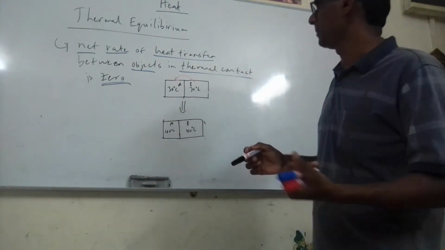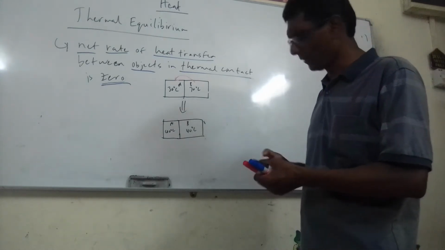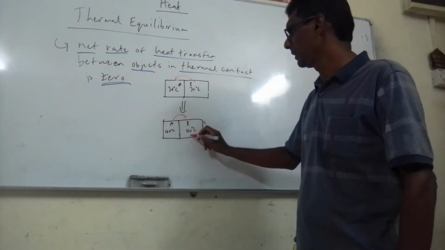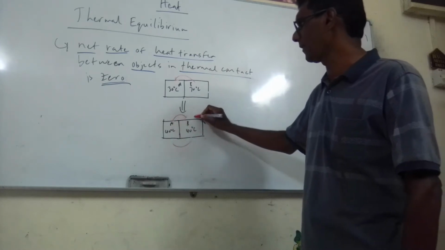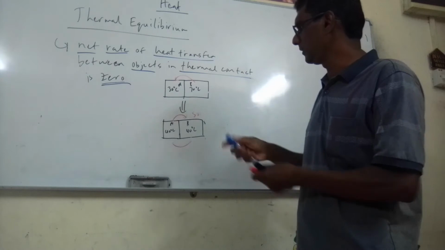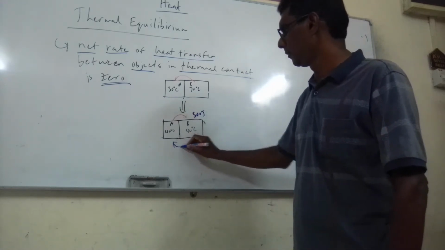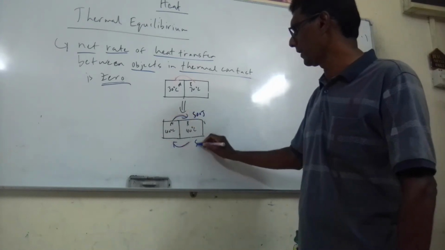For example, when both objects are at the same temperature, the heat will be transferred A to B, let's say 500 joule, and B to A also 500 joule.